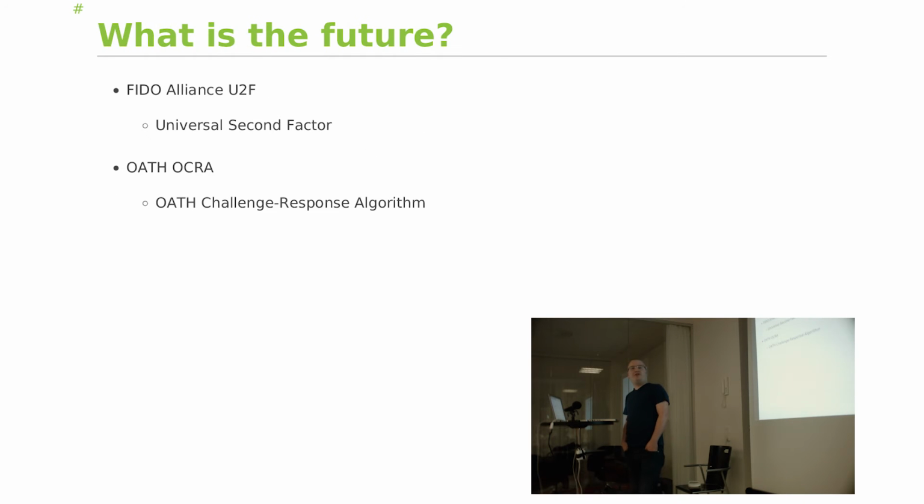The future, according to Yubico, lies in the FIDO Alliance's Universal Second Factor, which is not at all an OTP algorithm. But there's also the OATH OCRA challenge-response algorithm, which is interesting at least.